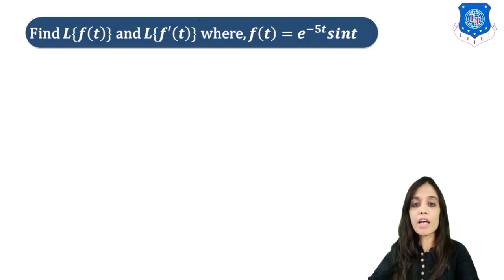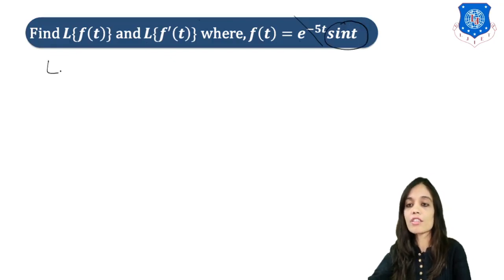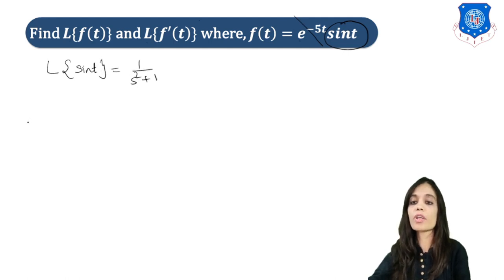So let us find the Laplace transform of this first. So again, whatever is in multiplication, division, you have to ignore that and find the Laplace of the remaining function. So let us begin and find the Laplace of sine t. So it will be 1 upon s square plus 1. So now bring e raised to minus 5t into sine t.